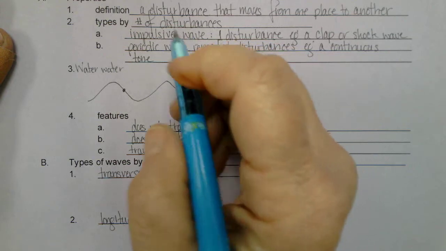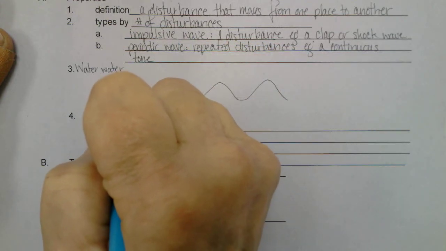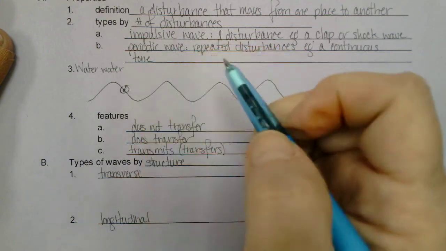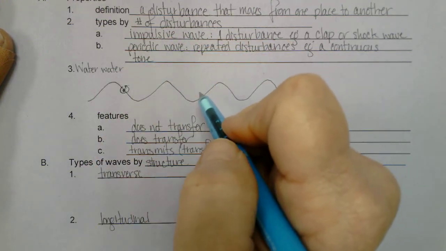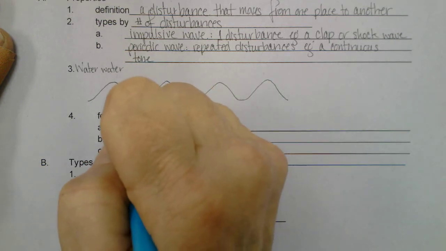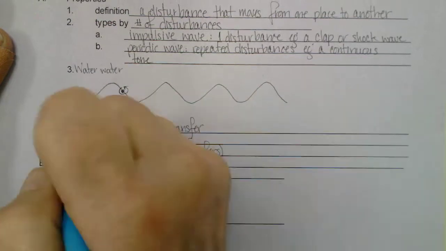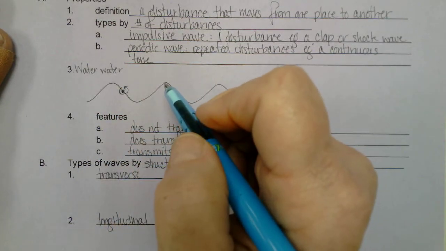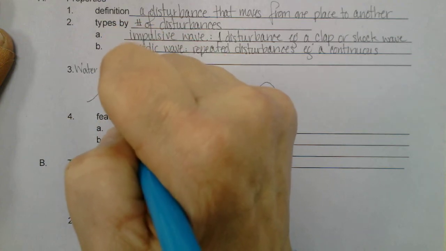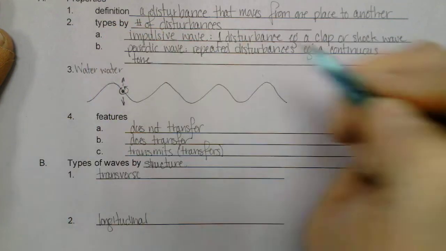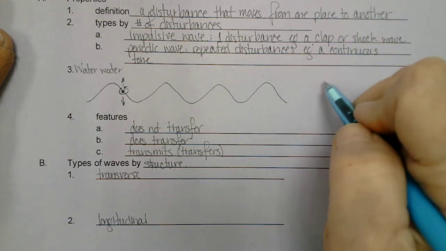What's going to happen is that molecule will just continue to rotate at that position on the wave. The molecule does not move forward at all, but it stays in this position laterally. What it does do is it will bounce up and down, but it stays in this position horizontally. So let's go ahead and write that out.